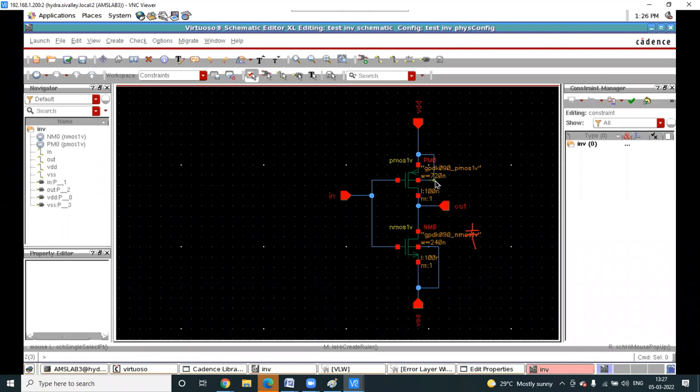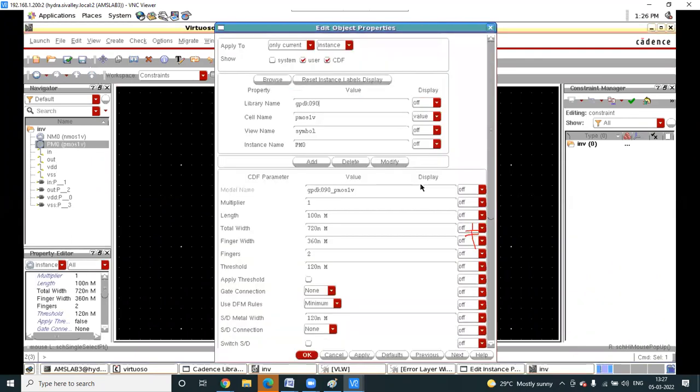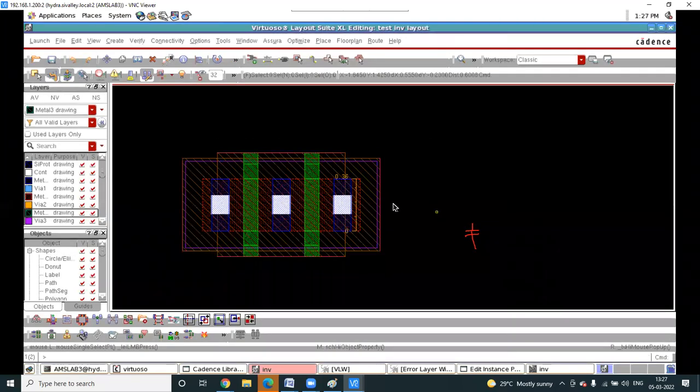It is 720 if you see. Total width is 720. Finger width is 360. Number of fingers 2, 720 divided by 2 is 360. 0.36 means 360 nanometer, which is divided by 2.